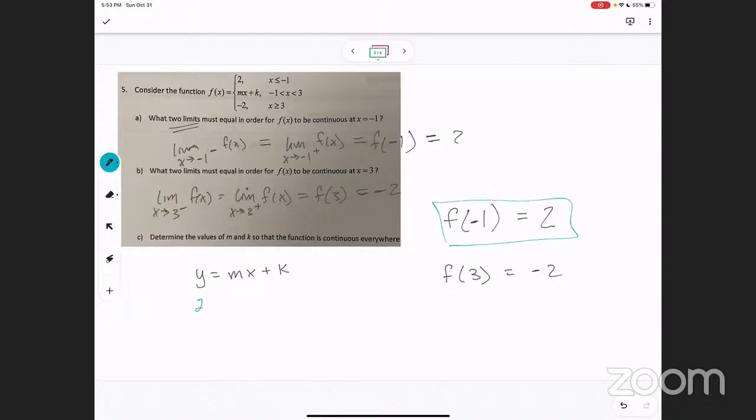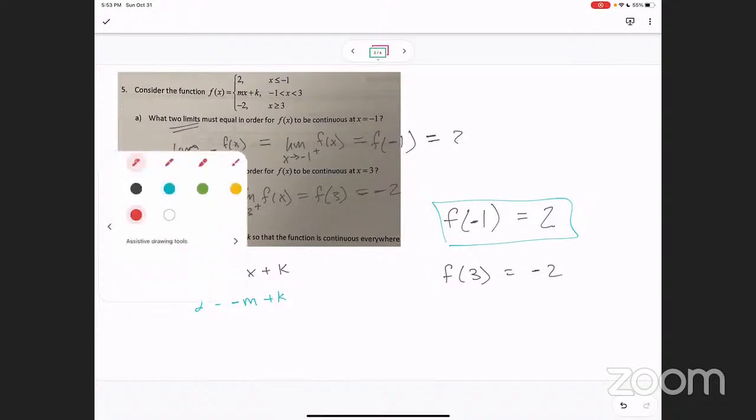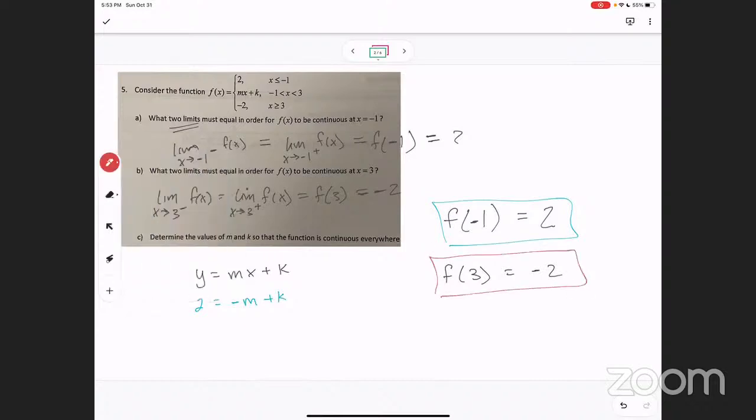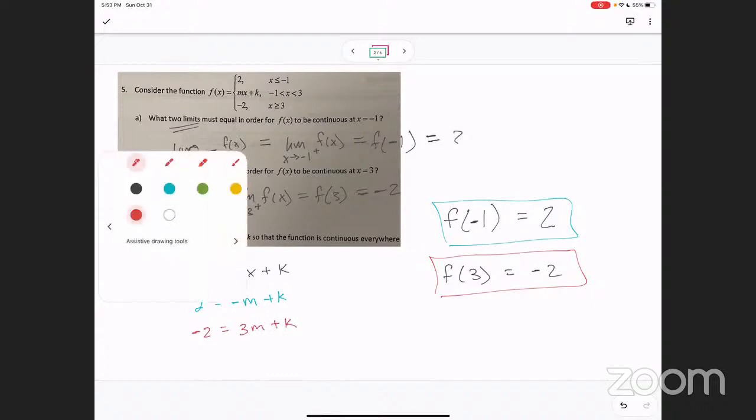So when y is 2, negative m plus k, because x is -1, right? And when y is -2, I plug 3 in for x, so 3m plus k. So solve this system of equations.